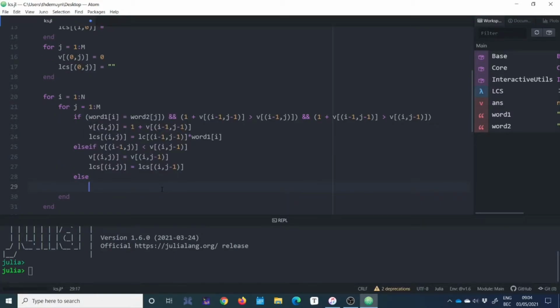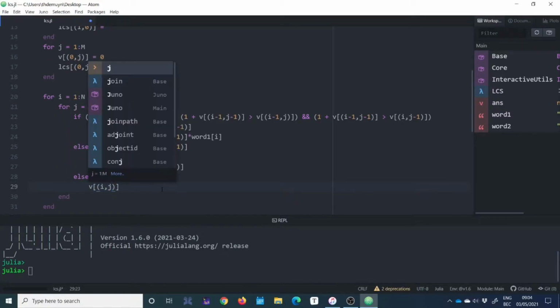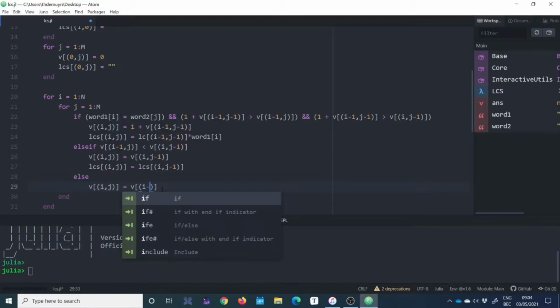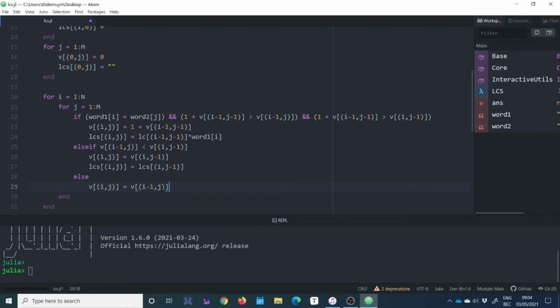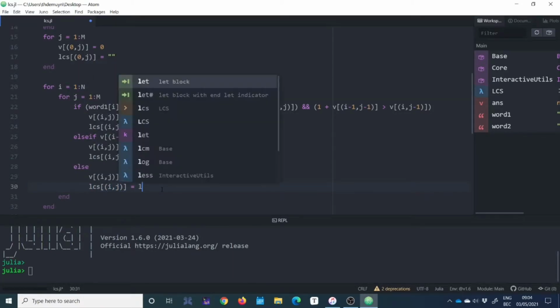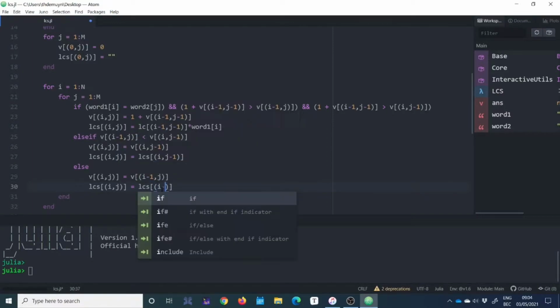And then else, v ij is going to be equal to v i minus 1 j, and the longest common substring of ij is going to be equal to longest common substring of i minus 1 j.